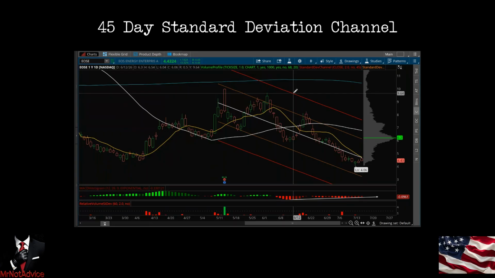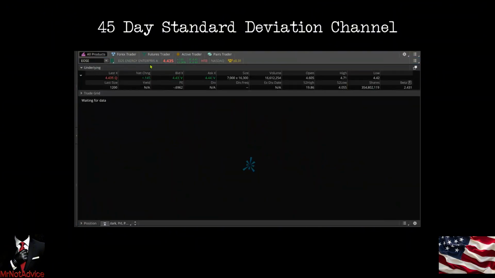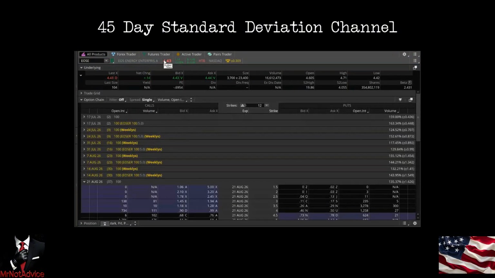To review, there are three components to an option price. You have the underlying price, you have the IV, and then you have the time. Only one of those decays in an arithmetic straight line, and that's time.